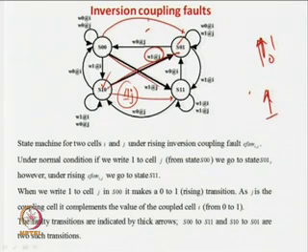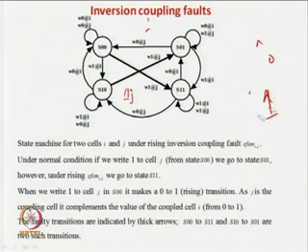Similarly, you can easily draw for the down coupling fault also. If you want to change the cell value from 1 to 0, it is a falling transition. So now this value of x will get complemented. Instead of this transition, you will have a transition from here to here.